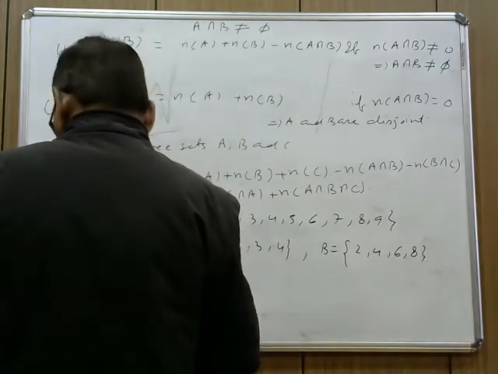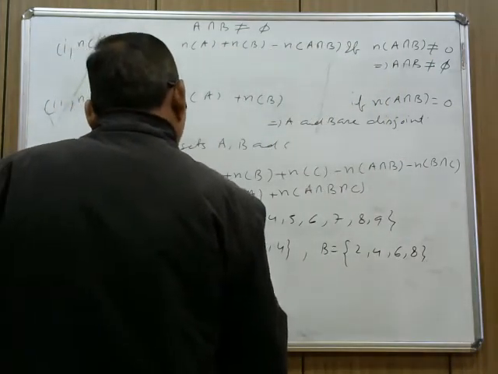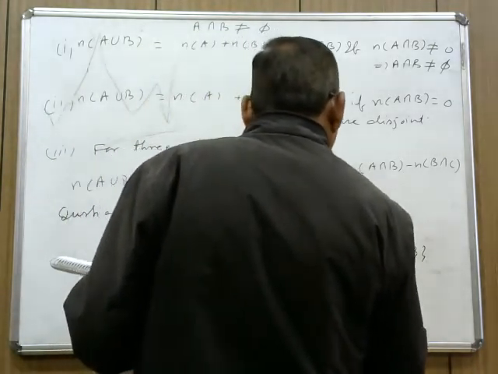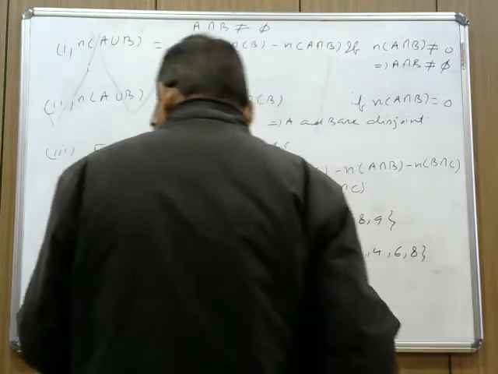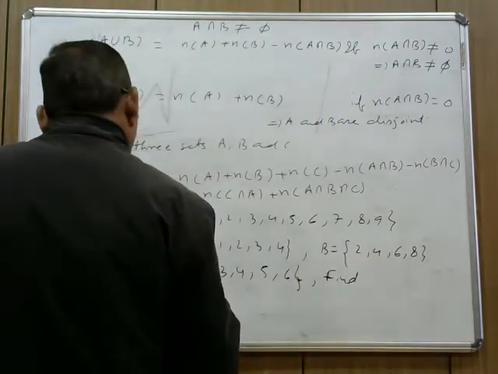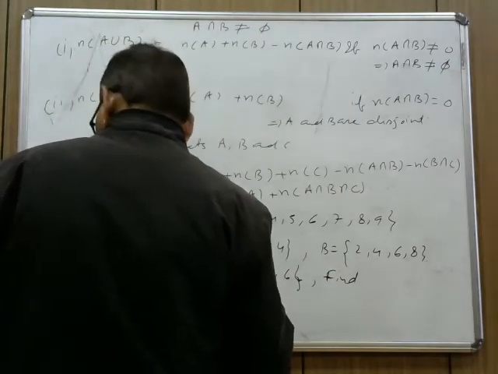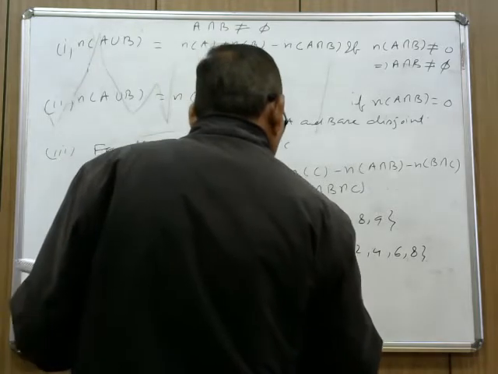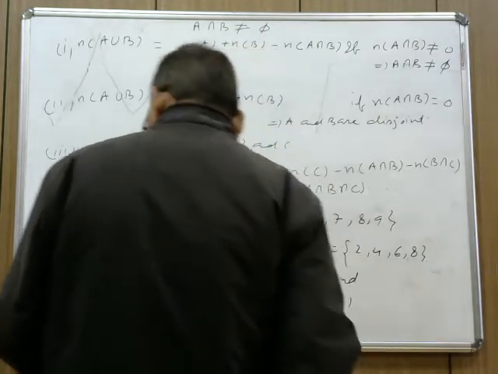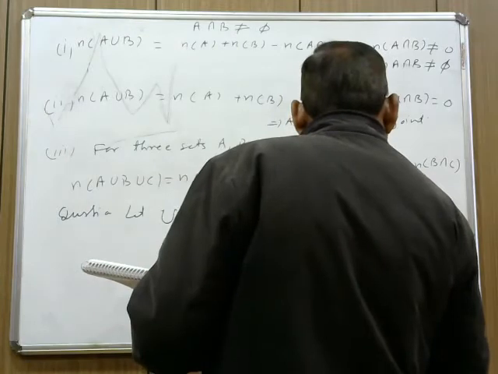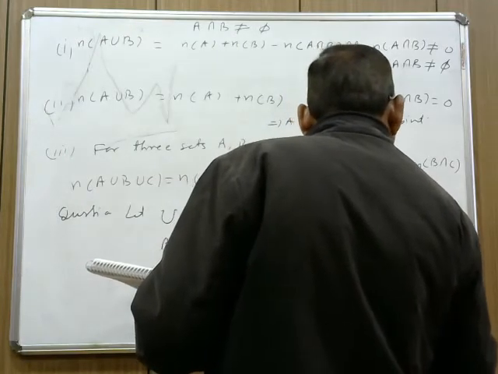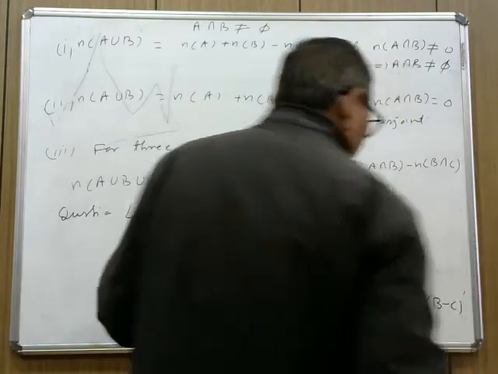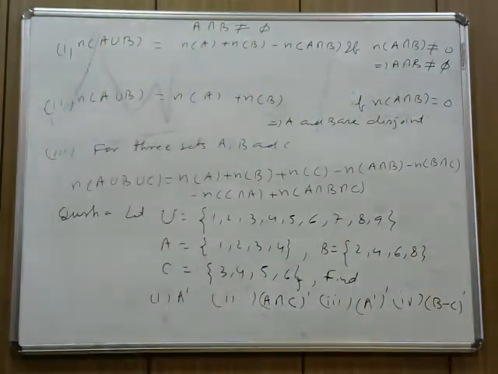Set C equals 3, 4, 5, 6. Find: 1, A complement; 2, A intersection C complement; 3, complement of complement of A; and 4, B minus C complement. You solve this.